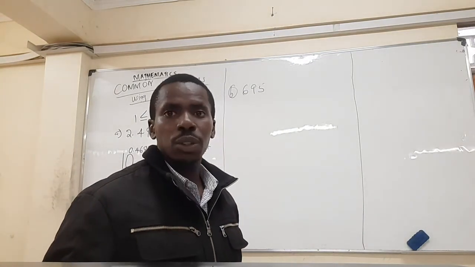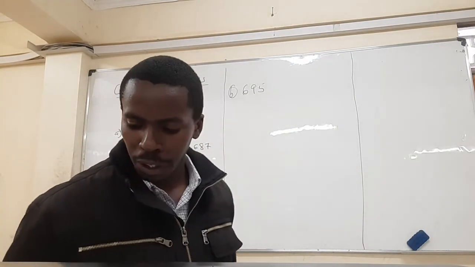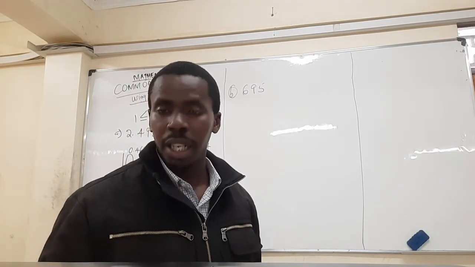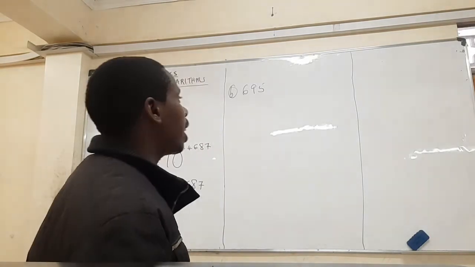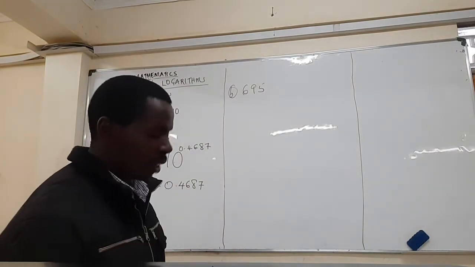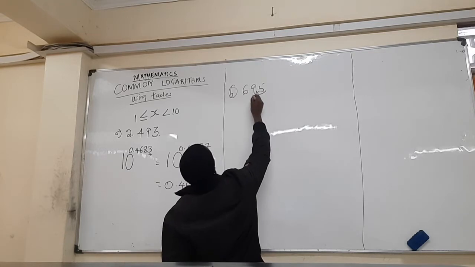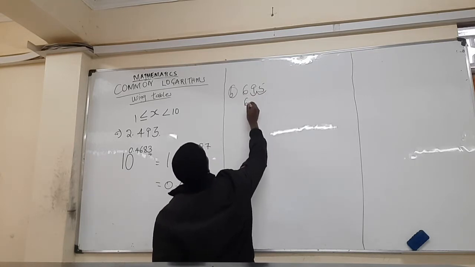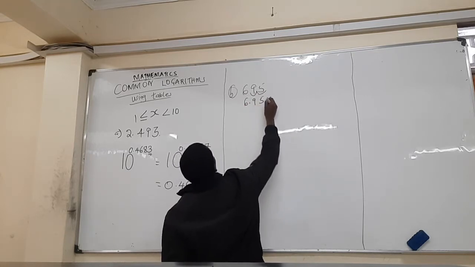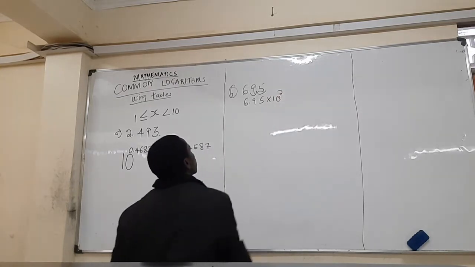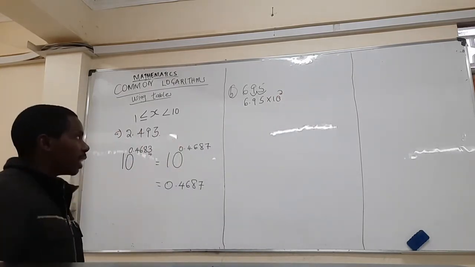We have to make sure we can use the table, and how do we go about that? We write the number in standard form. So 695 in standard form is 6.95 times 10 power 2.